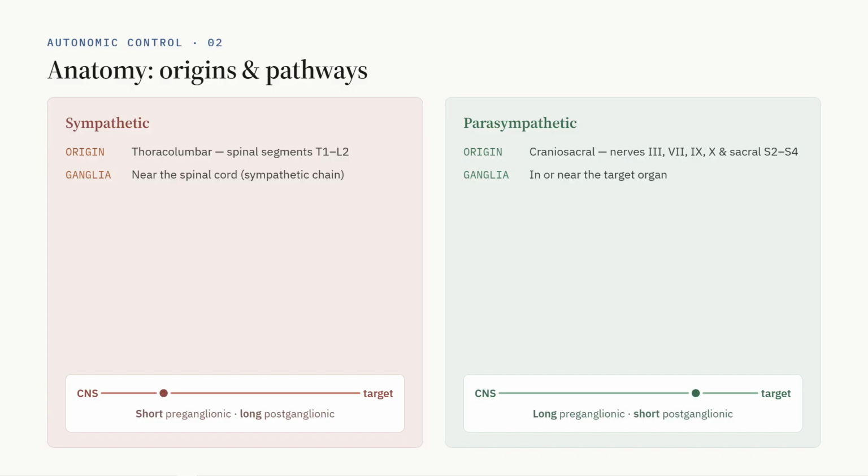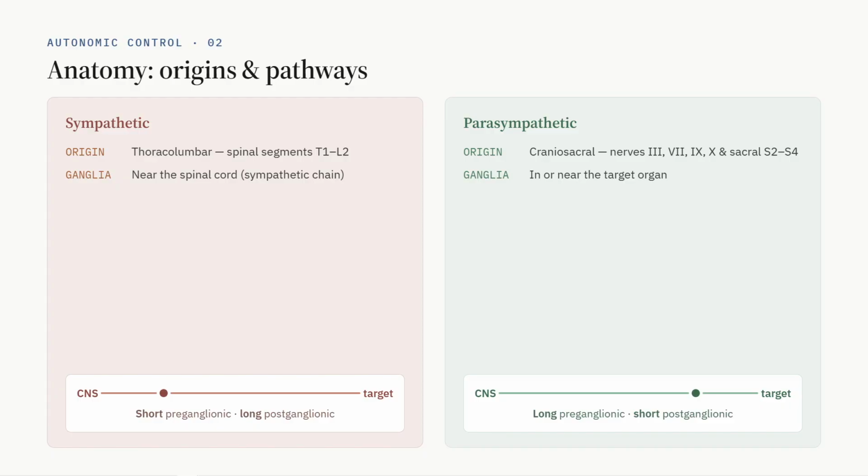The 2 divisions also look different anatomically, and this is a favorite exam topic. Both use a 2-neuron chain, a preganglionic neuron from the CNS that synapses in a ganglion onto a postganglionic neuron that reaches the target. What differs is where they start and where those ganglia sit.